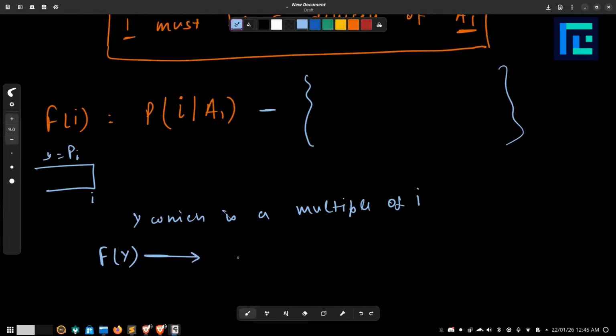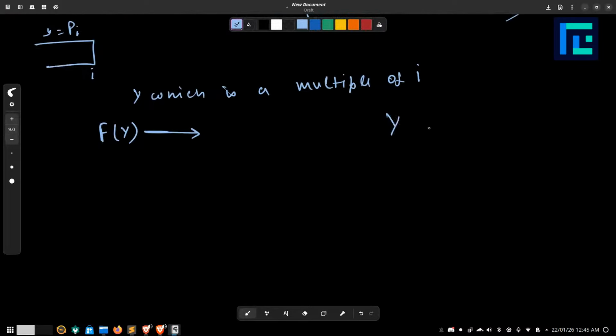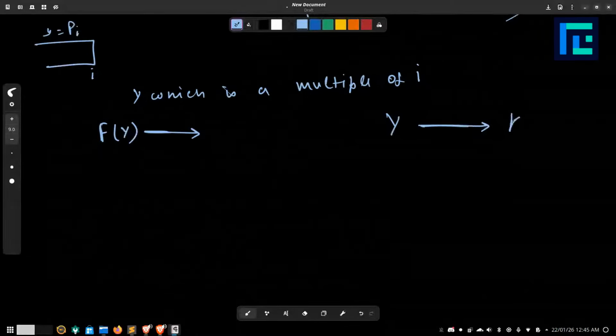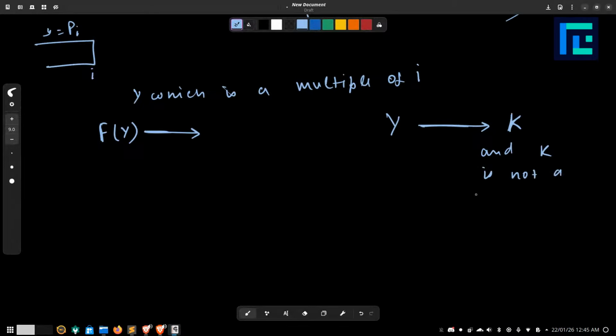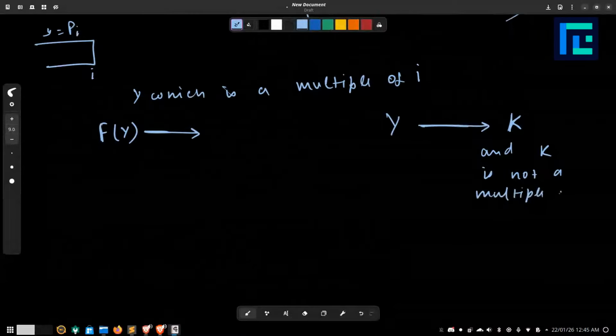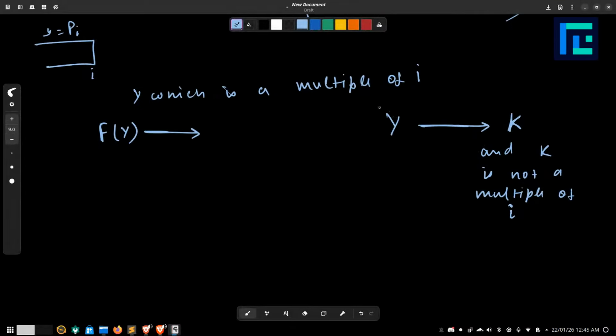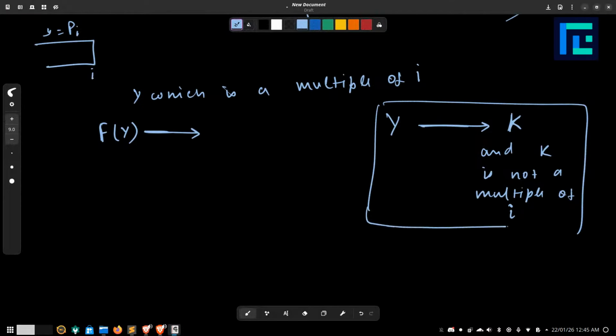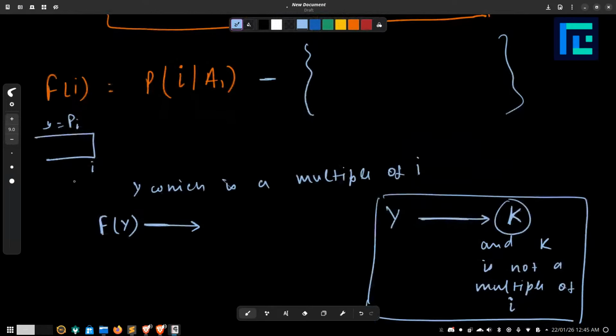So when will this be not I? We can see that if we have a prefix GCD of y and after the next number we are changing this prefix GCD of y to be k, and k is not a multiple of I. So we need this probability that we had the prefix GCD y and it got changed to k, which is not a multiple of I. This probability we need to subtract, because this is the same case that we had a1 equal to 10, which is a multiple of 2, but on the second number we had 3.